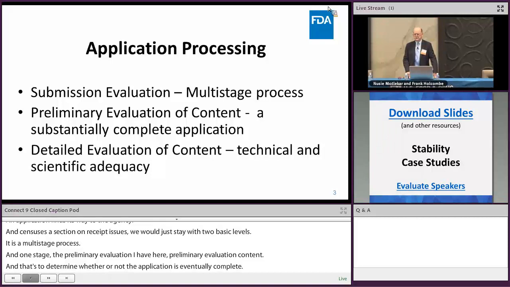We have some discussion about what substantially complete means, but really what that implies is that all the stuff, and I like that, that's a good scientific term, stuff, that needs to be in the application for us to make a decision about the application is there. It says nothing about the adequacy of it. It just says that it's there.